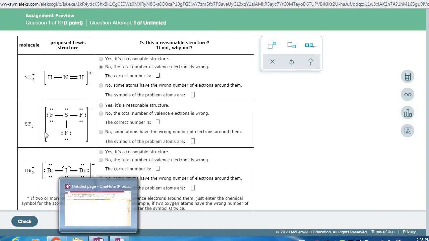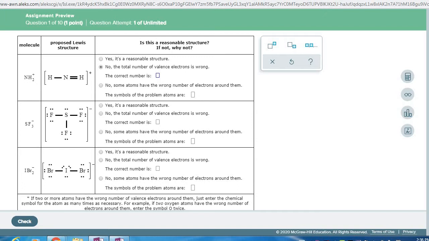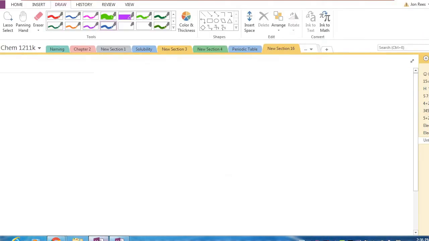So let's take the NH2 plus ion. First thing I always do is count up the valence electrons. Nitrogen has 5 electrons, and each of the hydrogens has 1 electron.